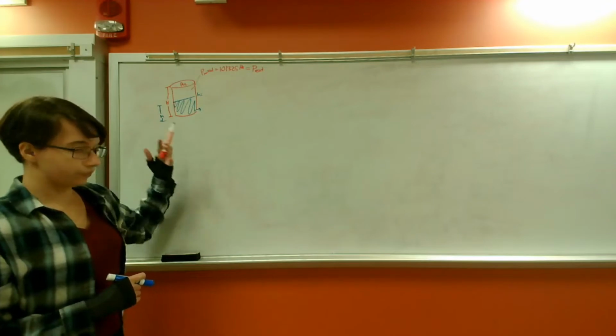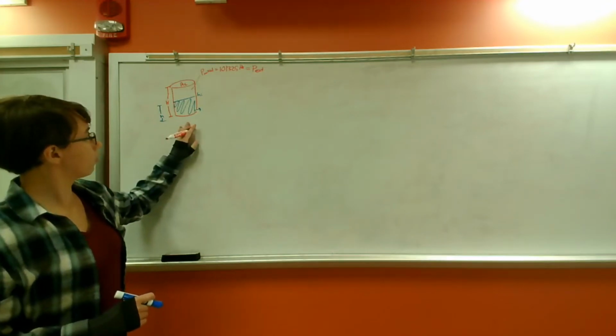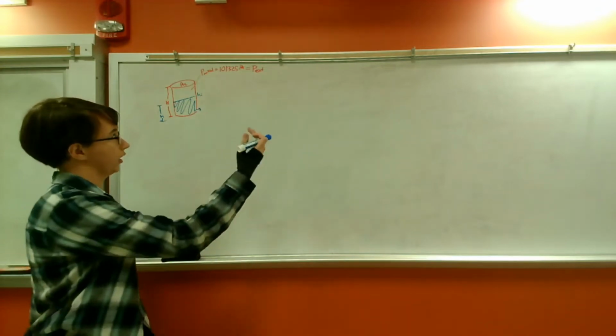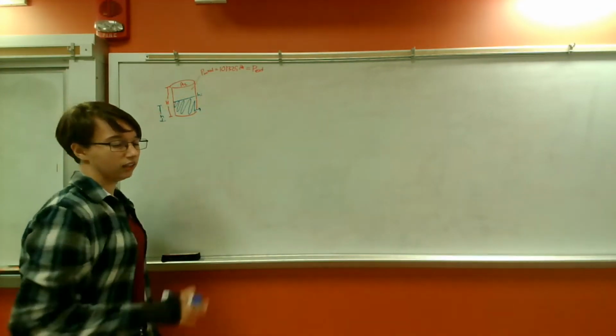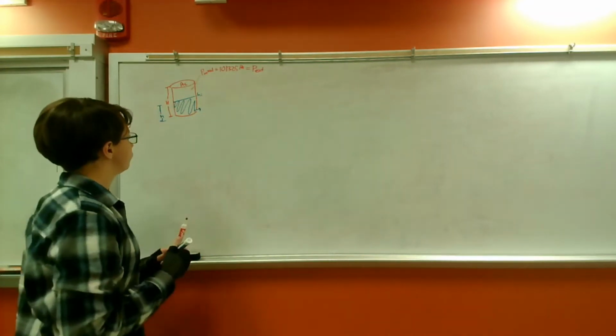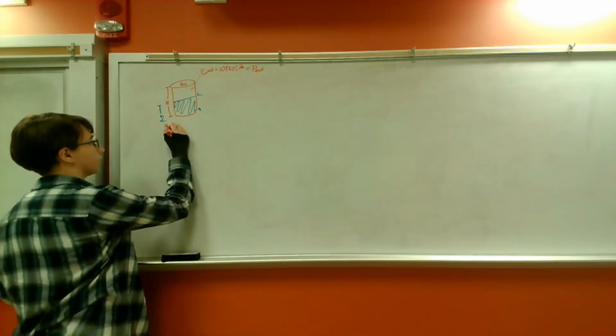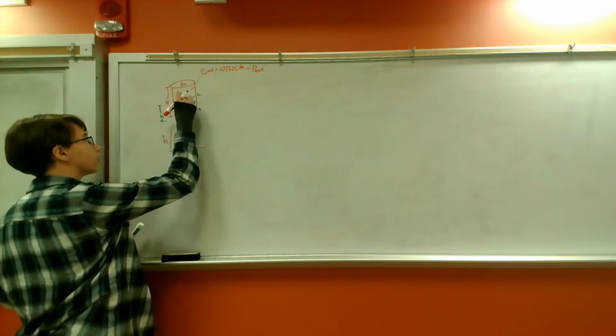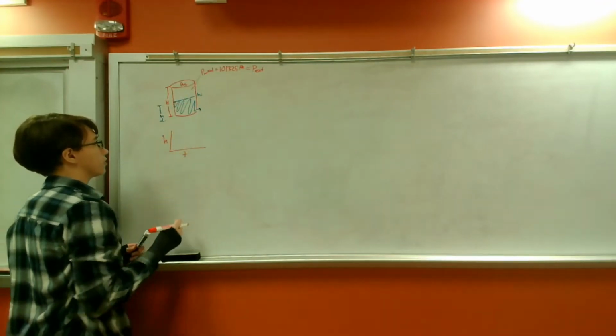So as it flows outward, we're going to assume that this hole is small enough that air can't get back in. And so we're going to be wanting to find a relationship between the change in height of the liquid over time.